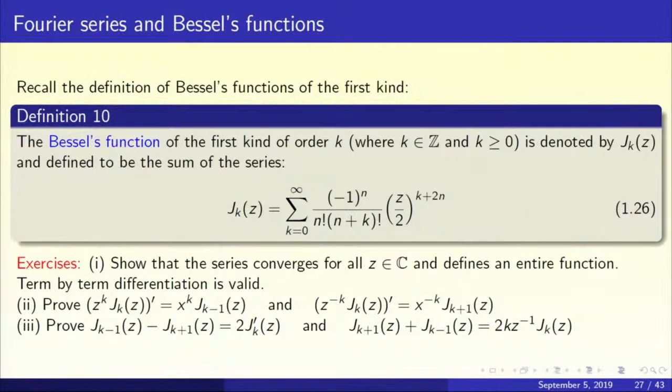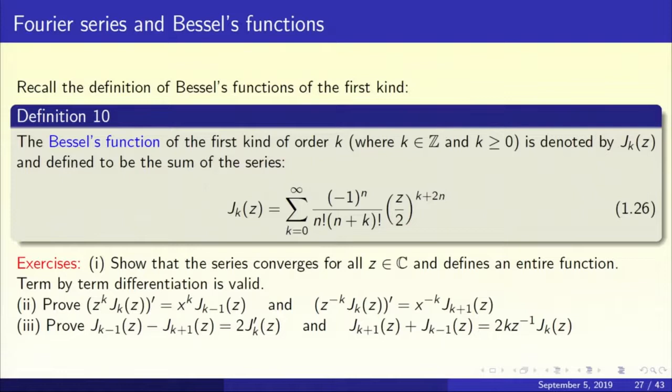J_k(z) equals the summation n from 0 to infinity of (-1)^n divided by n factorial times (n plus k) factorial, times (z/2) raised to the power k plus 2n. It's an ordinary power series.